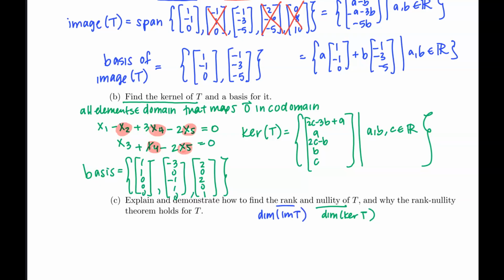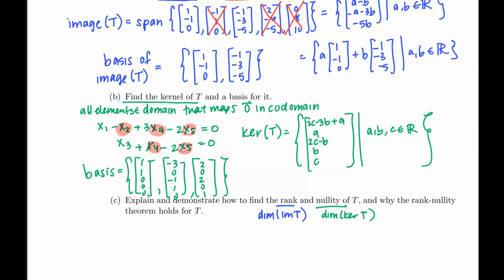So we had these two things, and what we noticed is that if the kernel is determined by our non-pivot columns and our image is dependent on our pivot columns, then when we add these two dimensions back together, we should end up with the number of columns we originally had. And it's exactly what we see here.